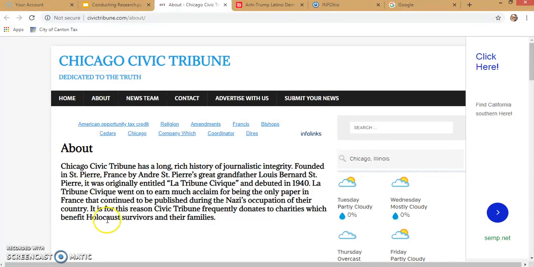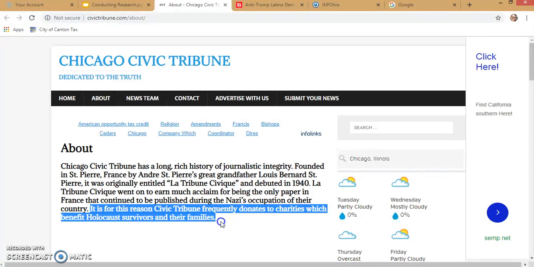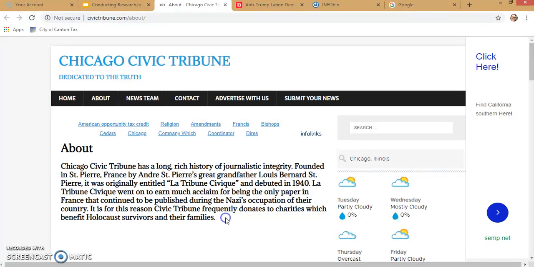Doesn't really. And then it goes on at the end to talk about how this is the reason why the Civic Tribune frequently donates to charities which benefit Holocaust survivors and their families. Again, that's a little bit of a weird fact to include in an About Me section.